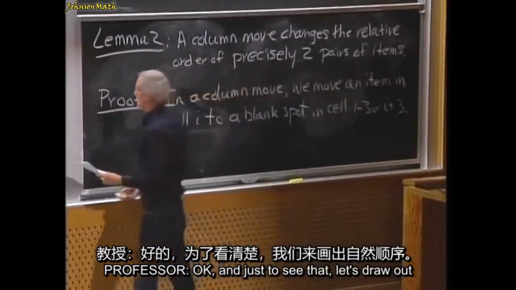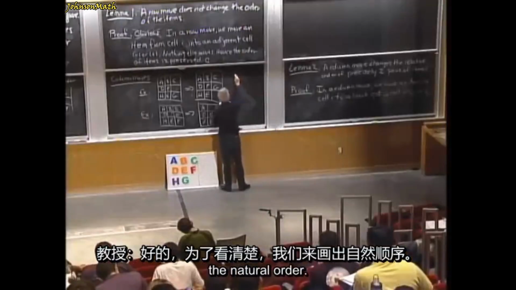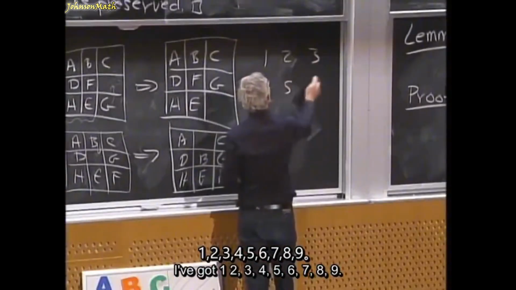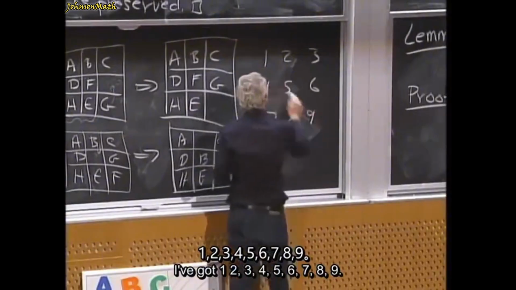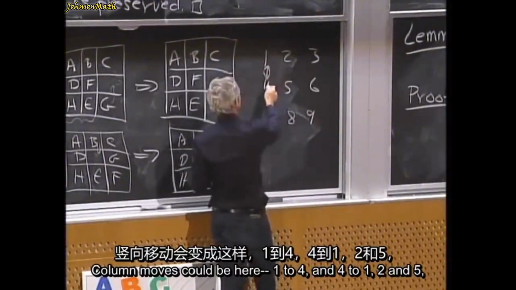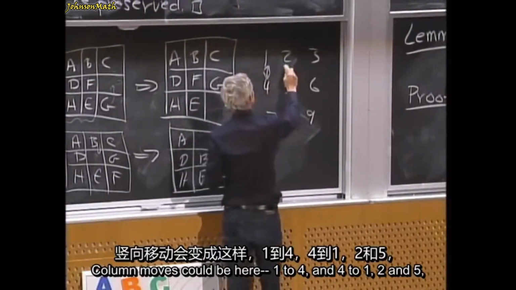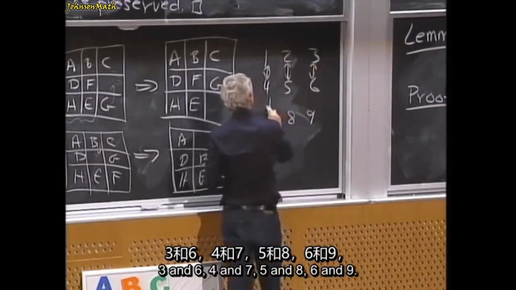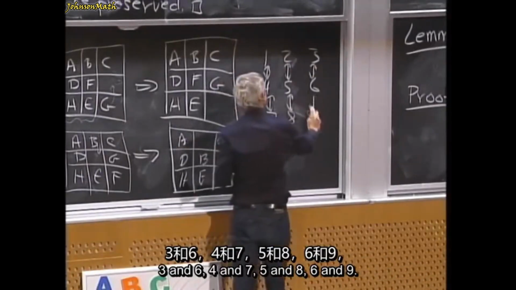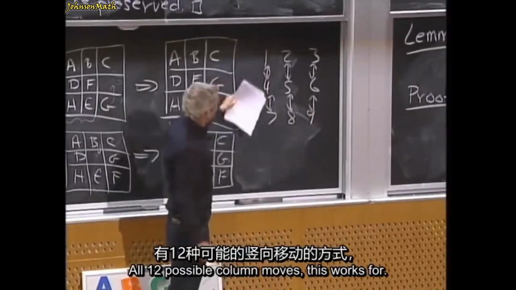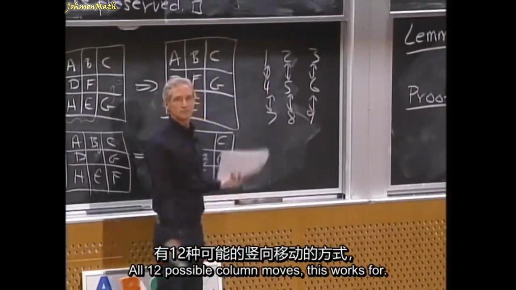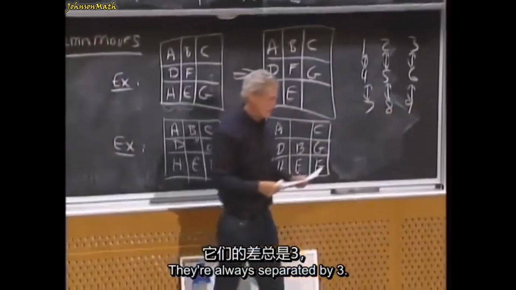Okay. And just to see that, let's draw out the natural order. I got 1, 2, 3, 4, 5, 6, 7, 8, 9. Column moves could be here. 1 to 4 and 4 to 1. 2 and 5, 3 and 6, 4 and 7, 5 and 8, 6 and 9. All 12 possible column moves this works for. They're always separated by 3.